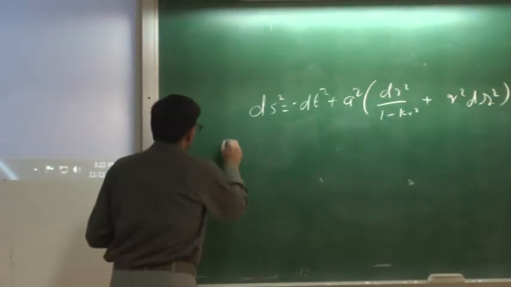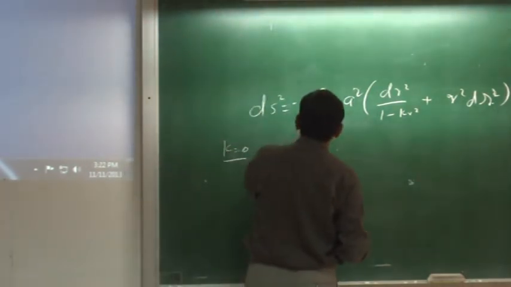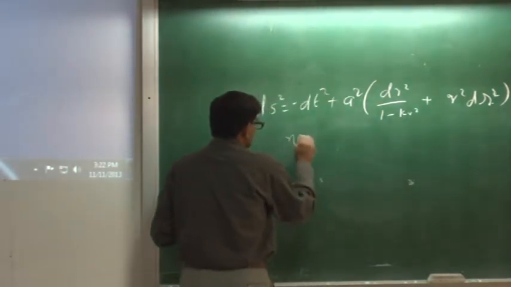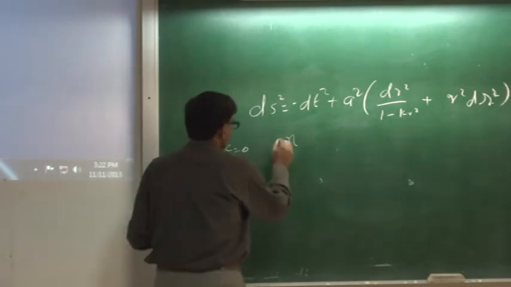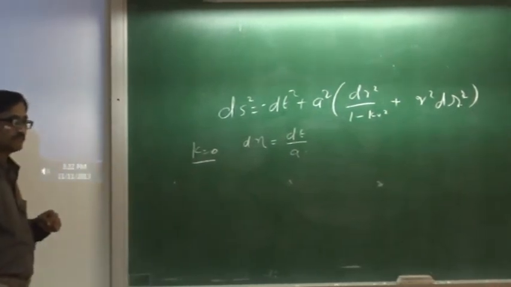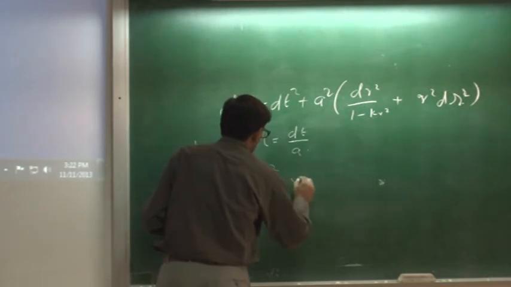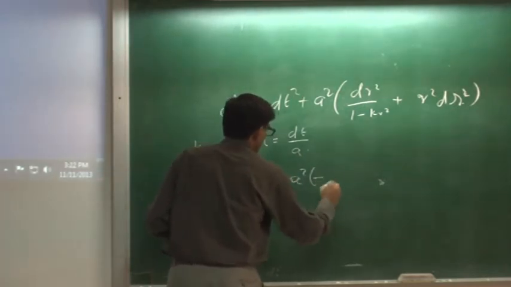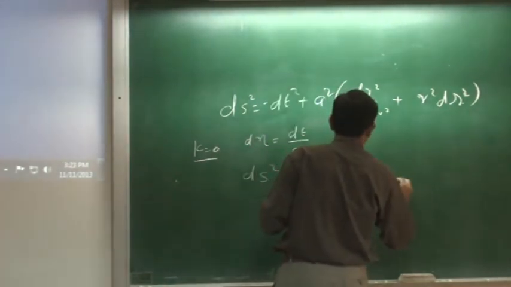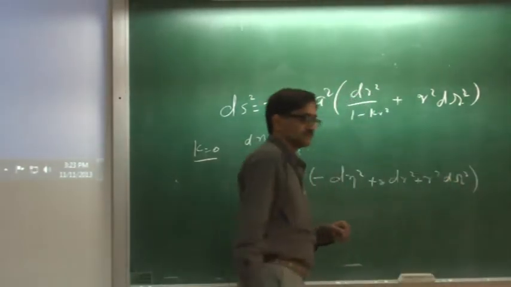Now, if k equal to 0, then what I can do is make a change of this variable to a new variable eta, which I call conformal time, which is defined as d eta equal to dt by a. Okay? And then I can write this as ds square equal to a square times minus d eta square plus dr square plus r square d omega square.